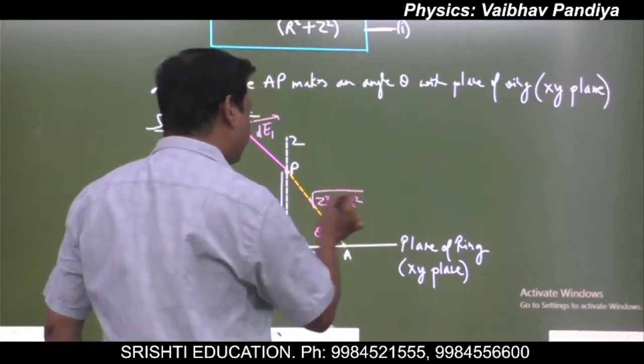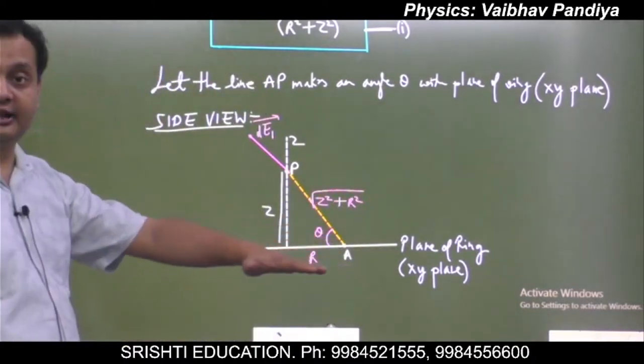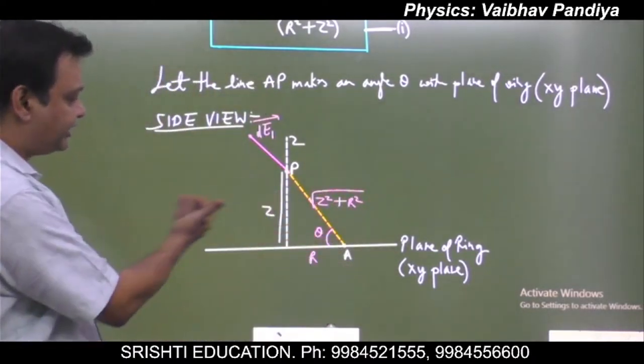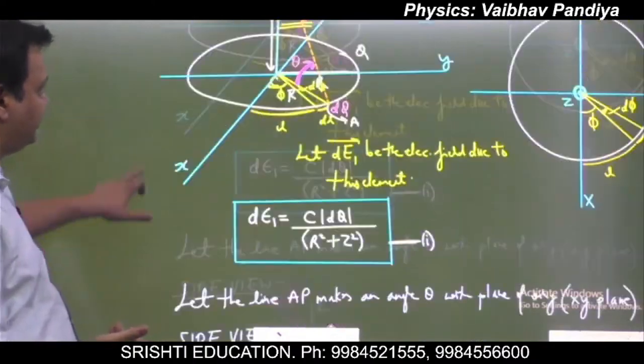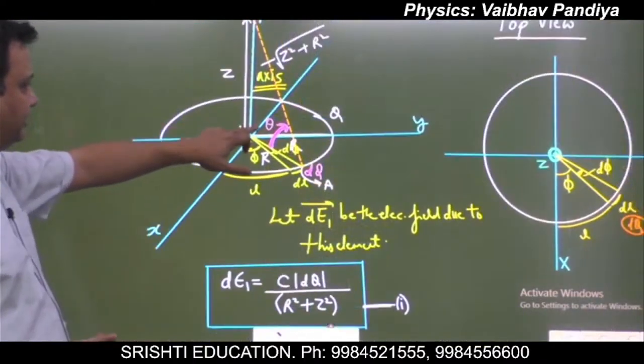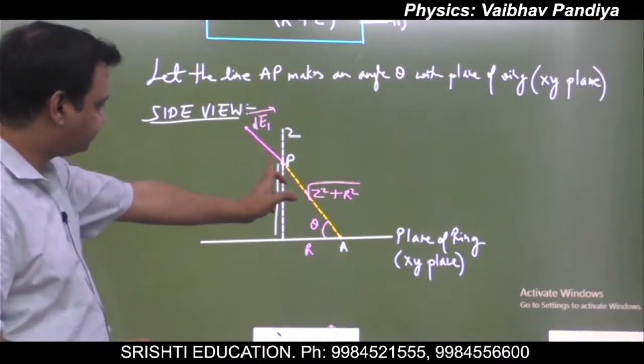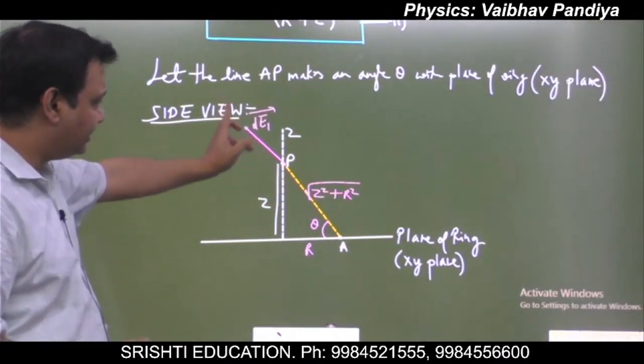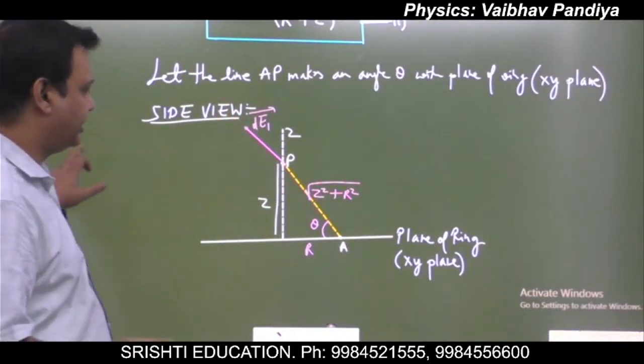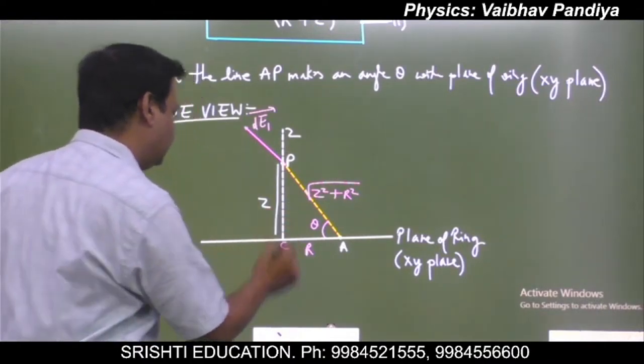So if you see the side view, you'll see something like this. This is the XY plane in which the ring is lying, which in 3D case would look something like this. This is the target point where we made the vector dE1. This is angle theta, and this is the center of the ring.